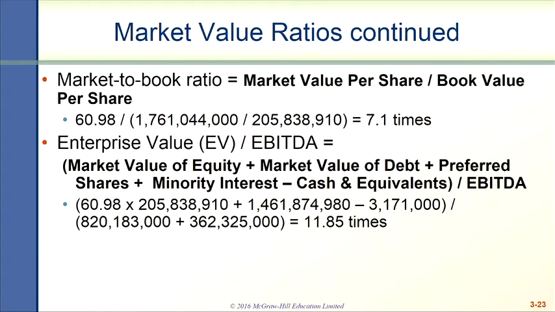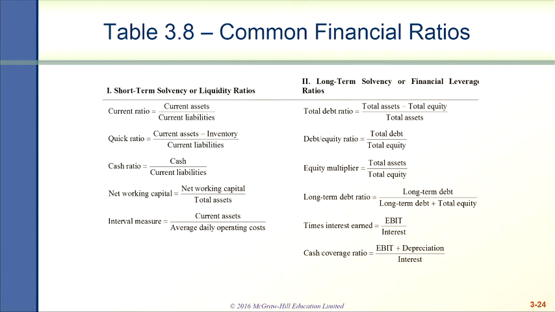So here we have the market value of equity plus the market value of debt plus the preferred shares plus the minority interest and minus the cash and cash equivalents, divided by the earnings before interest and tax, depreciation and amortization. So in this case, the enterprise value multiple is 11.85. So in a nutshell, these are the common ratios which we talked about.